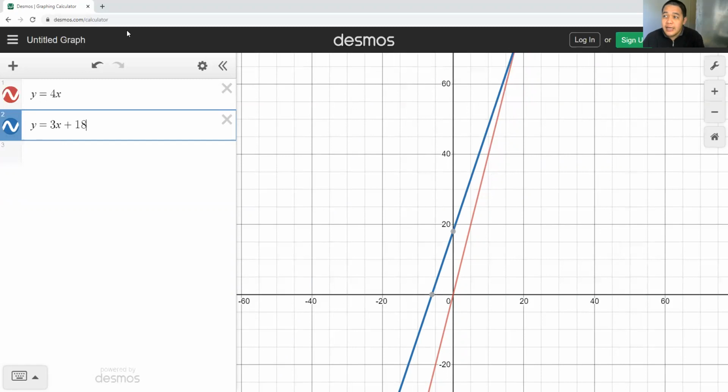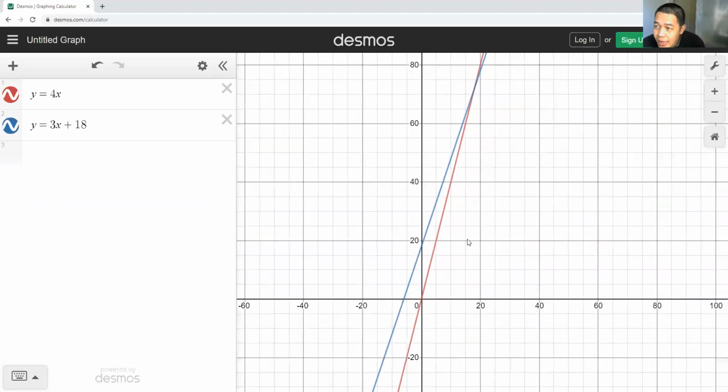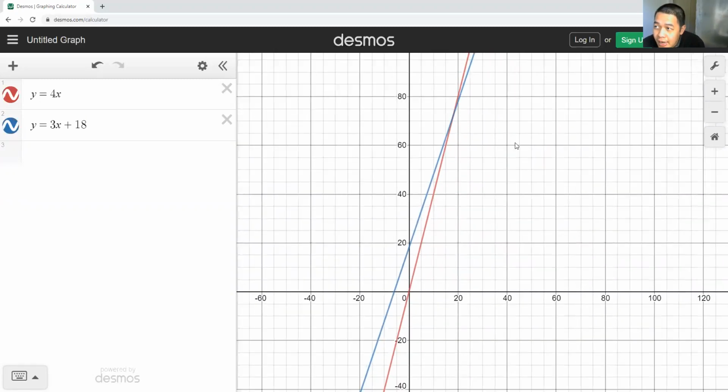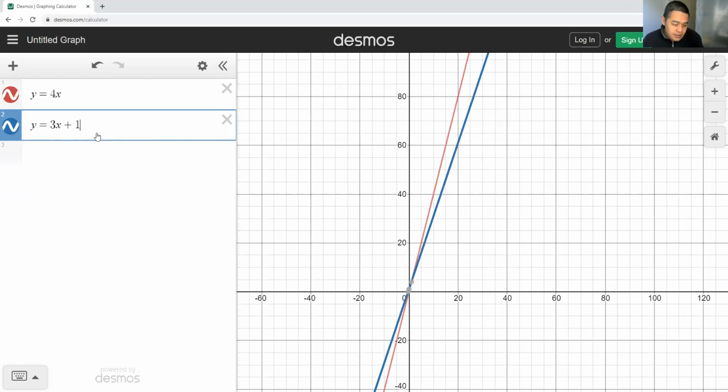So if you look here, actually what we have is two lines, and they are intersecting at one point there. Oh, sorry. I think the equation is not right. Oh, actually, this is not 18. This is 12. Sorry about this. Yep.